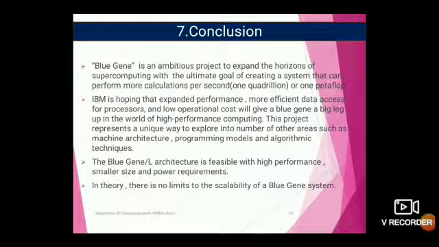Let's move on to the conclusion. Blue Gene is an ambitious project to expand the horizons of supercomputing with the ultimate goal of creating a system that can perform more calculations per second. IBM is hoping for more efficient data access for processors, and Blue Gene has opened up the world of high performance computing.